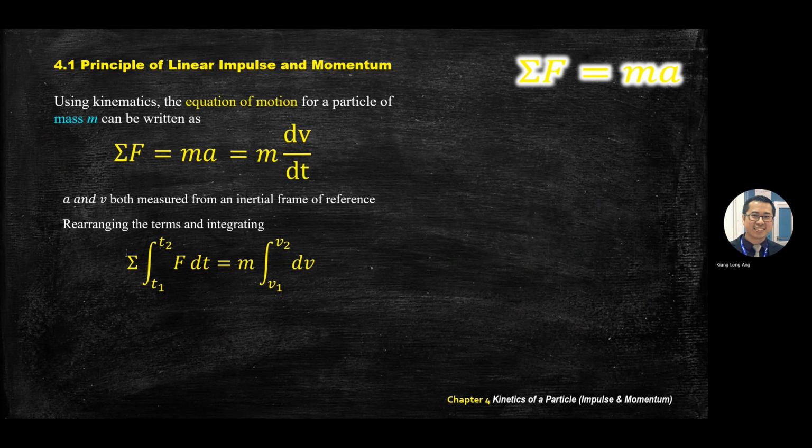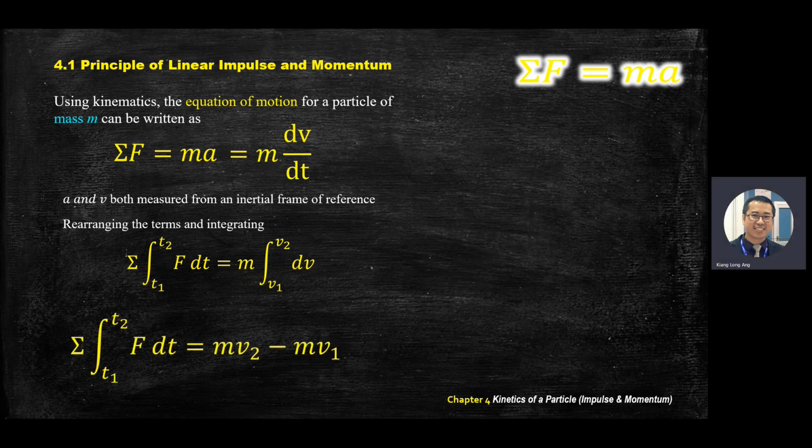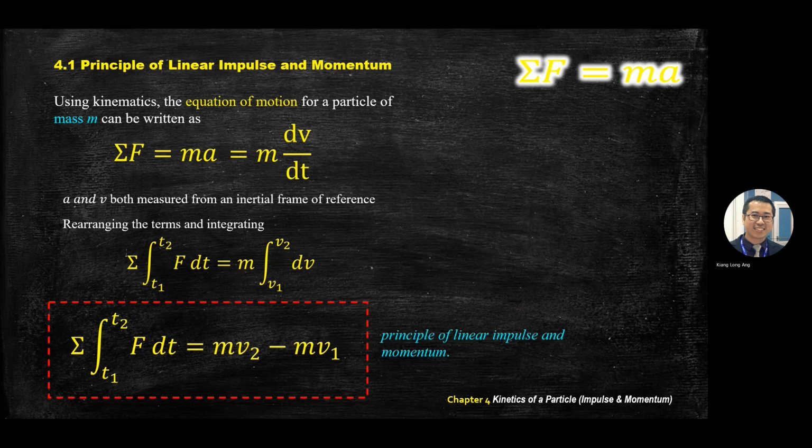On the right-hand side, you will get the integration, V2 minus V1. You will get this equation. Ft is the impulse, and on the right-hand side, mv is the momentum.